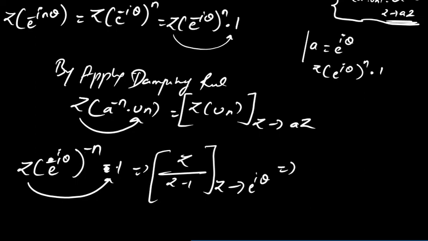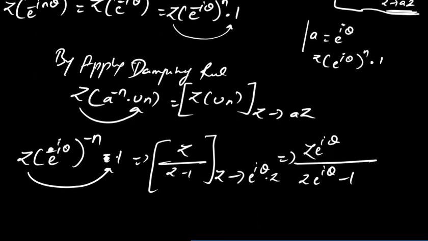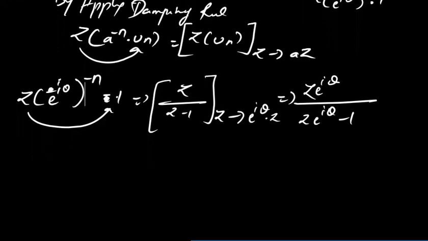And I am supposed to replace z by e power i theta according to the damping rule. So I am just left with z into z. So z e power i theta by z e power i theta minus 1. I hope this is understood according to the damping rule. So according to the damping rule, I just have to substitute.